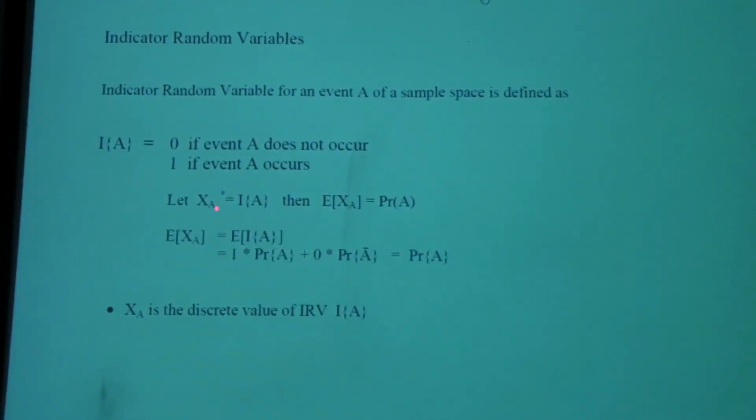So x sub A will be I of A, the indicator random variable of event A. The expected value of x sub A is the expected value of the indicator variable of A, which is 1 times the probability of occurrence plus 0 times the probability of not occurrence. Since 0 times this is 0, therefore the expected value of x sub A is just the probability of A.